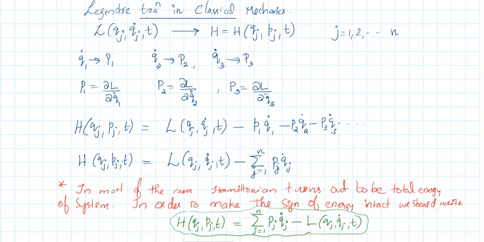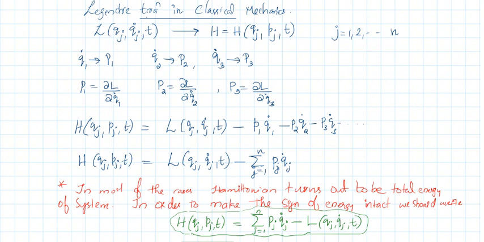So at first look, you have the relation Hamiltonian H is equal to Lagrangian L minus sigma j equal to 1 to n pj qj dot.